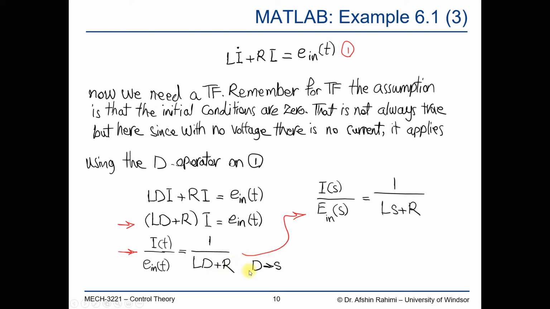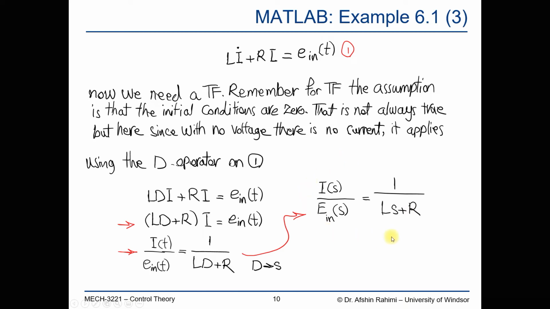Now, changing the D operator to the Laplace variable s, we can readily obtain our transfer function: I(s) over E_in(s) in the Laplace domain equals 1 over (L s plus R).